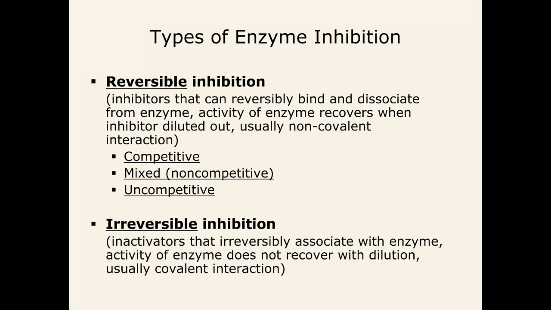And what does non-covalent mean? It's not forming any bonds. It's more through attractive forces or intermolecular forces. So we're going to be looking at competitive, non-competitive, and uncompetitive. The irreversible inhibition, you're going to be looking at in your worksheet.